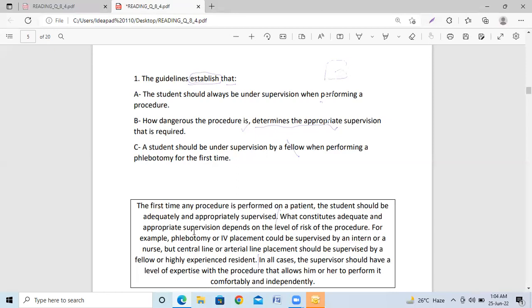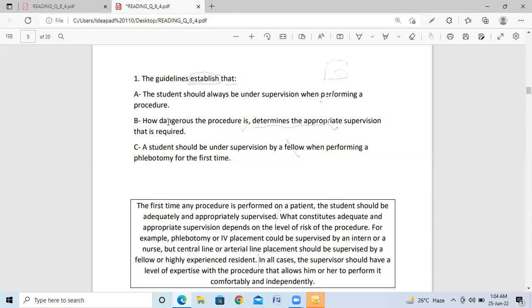Now let's match the text with our options. What does the first option say? The student should always be under supervision when performing a procedure. Does it match with the text? It does match a little bit, but not exactly, and at one point, it contradicts the text.